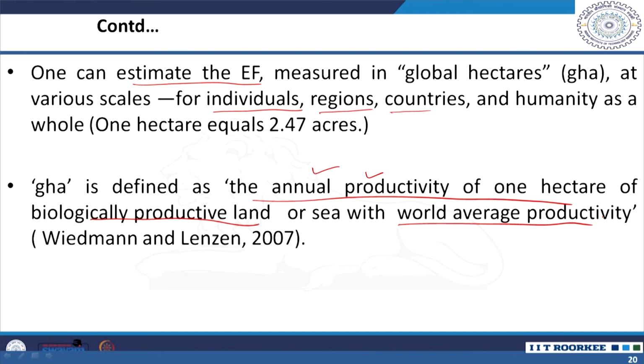So if you are talking about fishery area or fish land, we need to take into account the world average productivity for this 1 hectare per annum, and accordingly we can calculate. As GHA gives the same measuring unit, it is not difficult to sum up the footprints across these 6 sub-ecosystems.